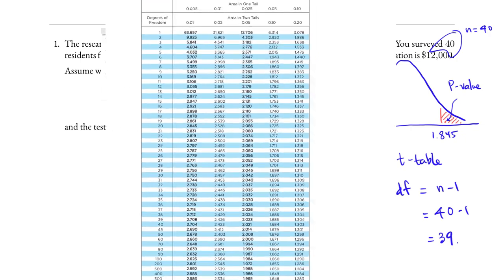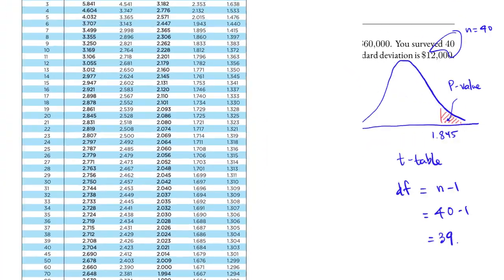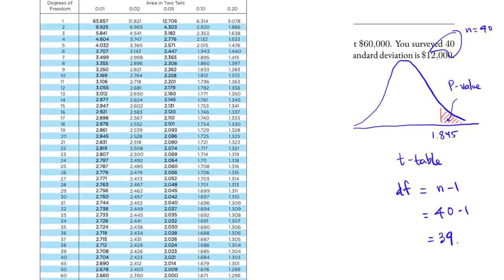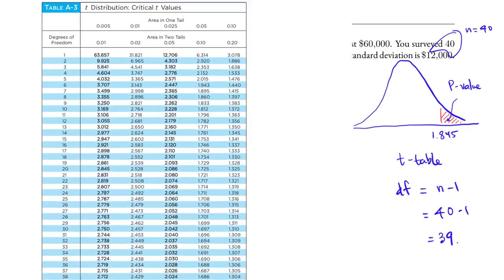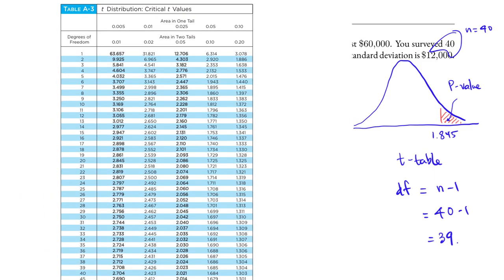If we were to use the t-table to look up the p-value for the corresponding test statistic t equals 1.845, first we would locate the degrees of freedom. In this case, the degrees of freedom is 39. We will stay on the line with 39 degrees of freedom.